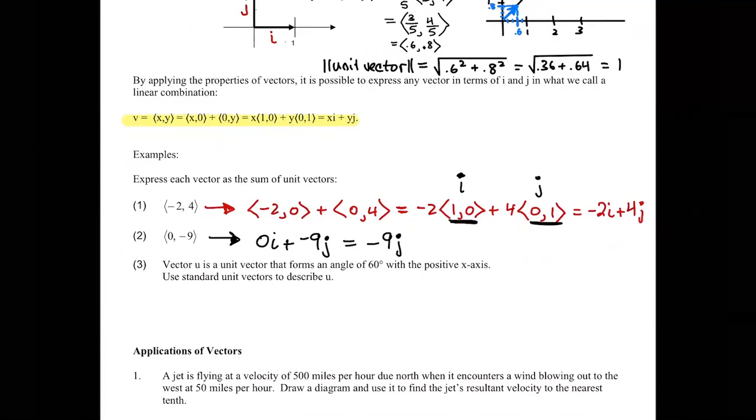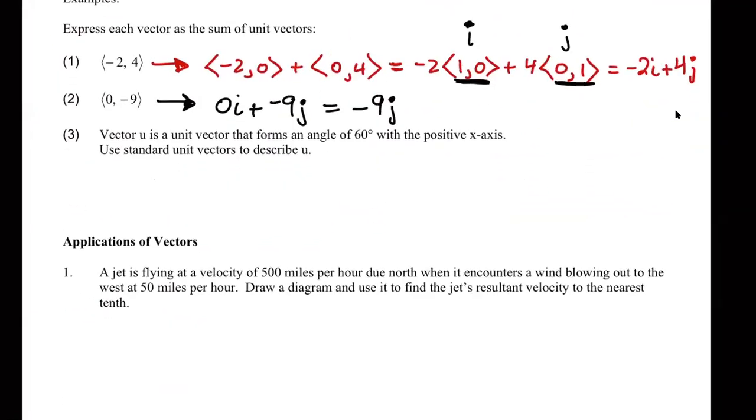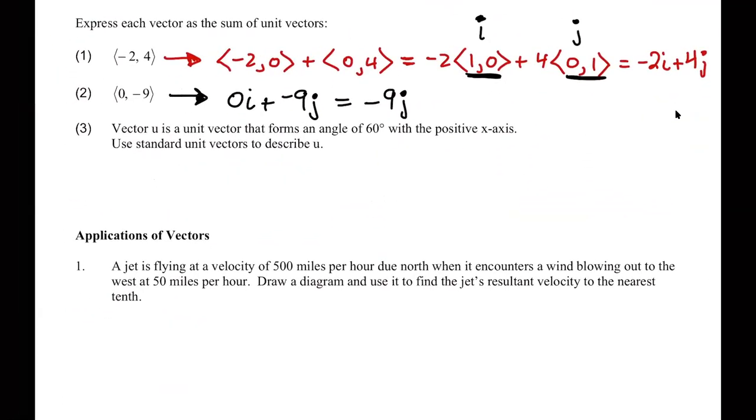All right. So vector u is a unit vector that forms an angle of 60 degrees with the positive x-axis. Use standard unit vectors to describe u. So this is going to add in an extra layer because I'm saying it's got a 60-degree angle with the positive x-axis. We also do not know the magnitude. Vector u is actually, we do. Sorry, it's a unit vector. So the magnitude is going to be equal to 1.